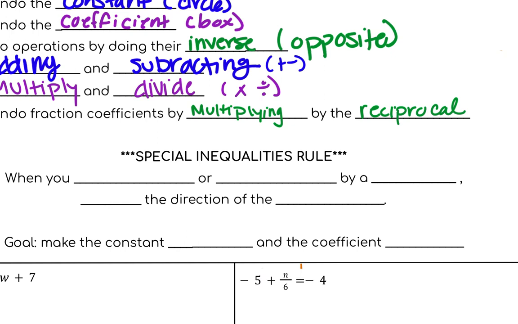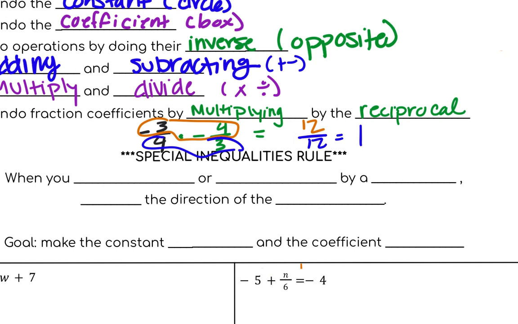So if my coefficient was -3/4, I would multiply by -4/3. So all you're doing is you're flipping the fraction, and you're going to keep the sign the same. And that works because -3 times -4 is +12, and then 4 times 3 is +12, and 12 over 12 is just 1. So that's how we can get rid of that coefficient, or make that coefficient 1, by multiplying by the reciprocal.